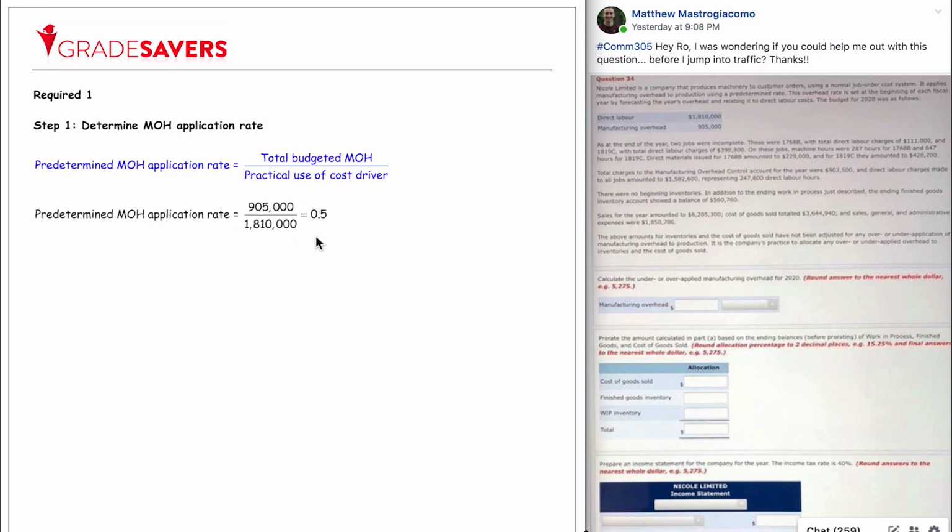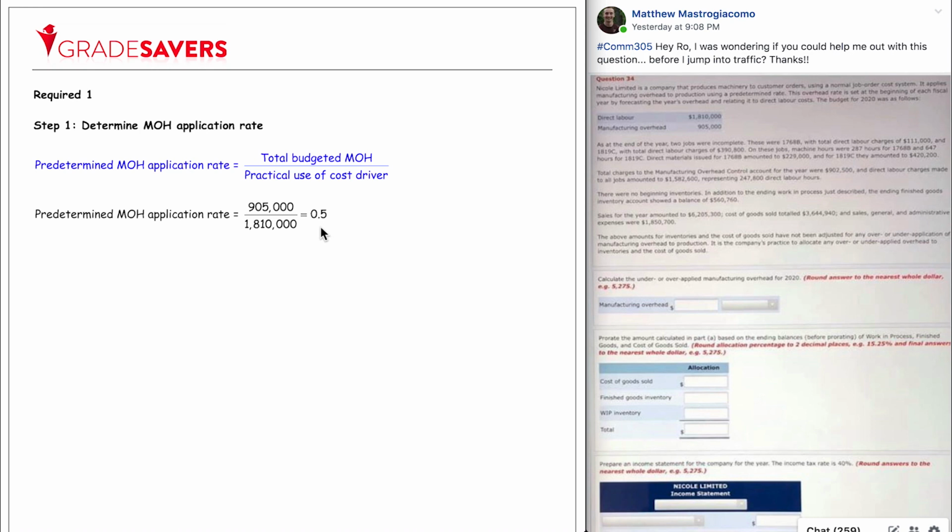And that's simply because the manufacturing overhead is budgeted at $905,000 and the practical use of labor costs is $1,810,000. So if we divide these two, we get an answer of 50 cents. What that essentially means is that every time we're spending $1 on labor for a given job, we're also going to be assigning 50 cents of overhead to that job.